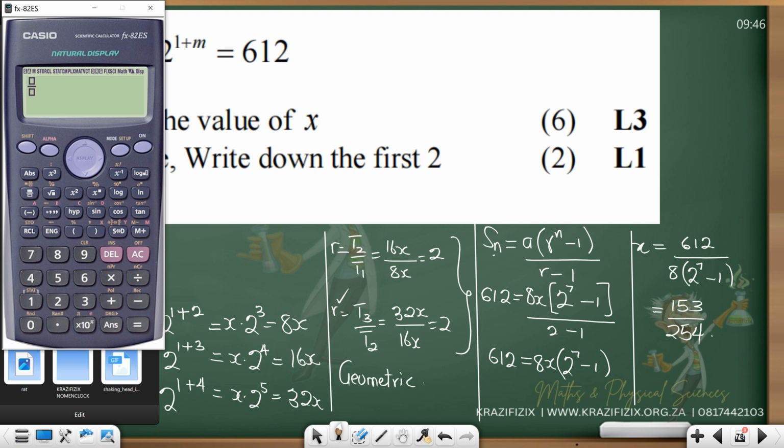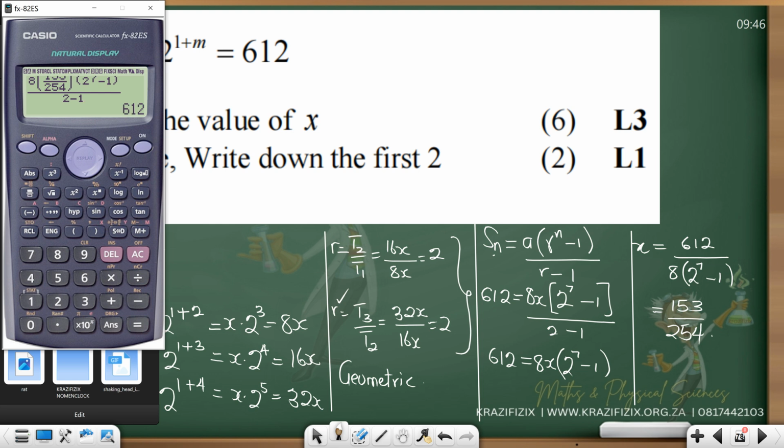What is my A? A is 8x, right? So I want us to confirm 8 multiplied by 153 over 2. I hope I copied it right. That is 8x. Now we open the bracket. 2 to the power of 7 minus 1 over, what is my R? 2 minus 1, 612.